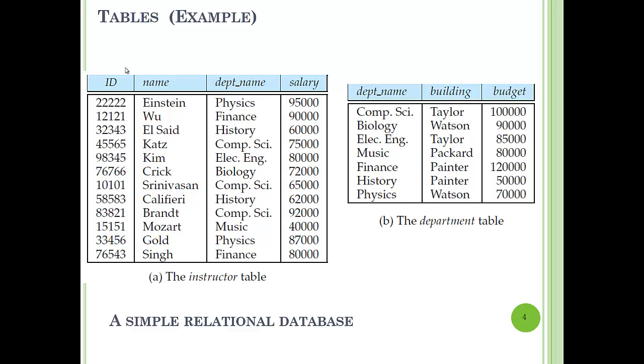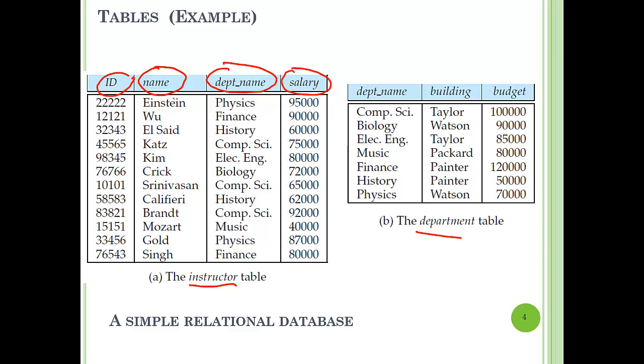So here this is a simple relational table example. You can find two tables here. Table 1 is the instructor table and table 2 is the department table. Now the instructor table is identified by these 4 attributes, that is ID, name, department name and salary.